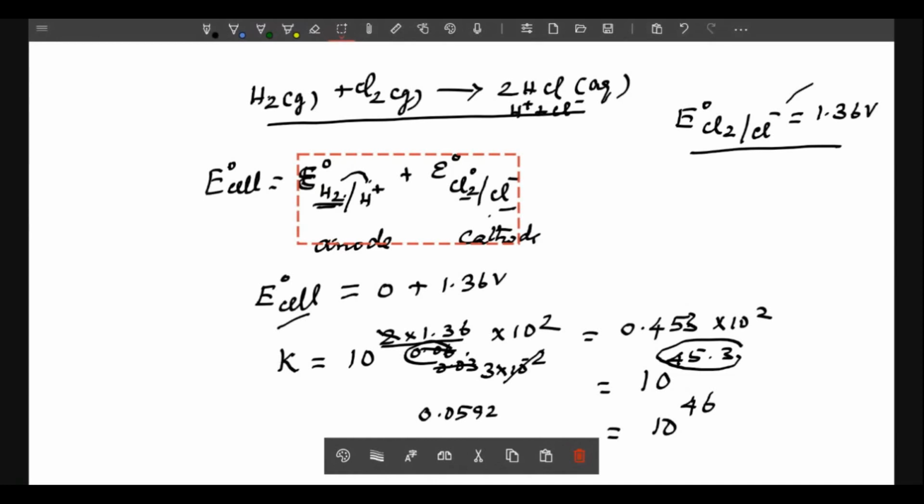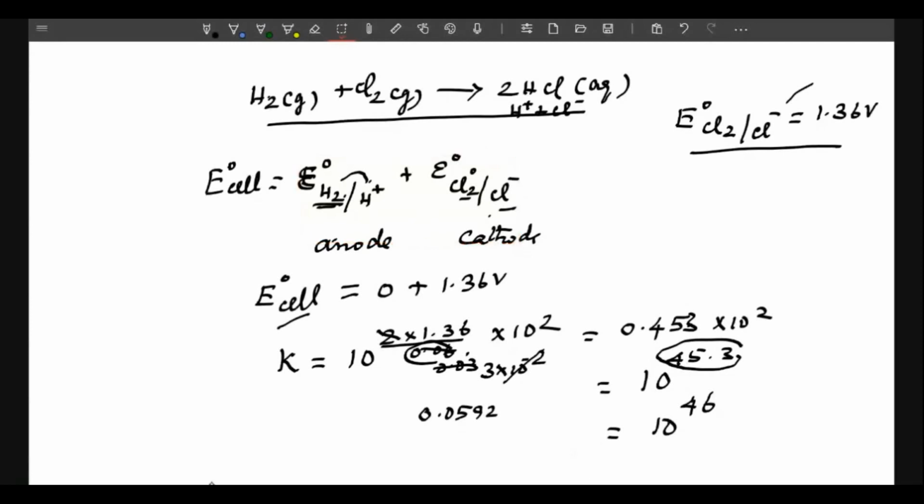This we have already explained in the last 2 classes. Here, which is undergoing oxidation? Look at the reactant side, hydrogen, and what about the hydrogen in the product side? Here, hydrogen is in the zero oxidation state.